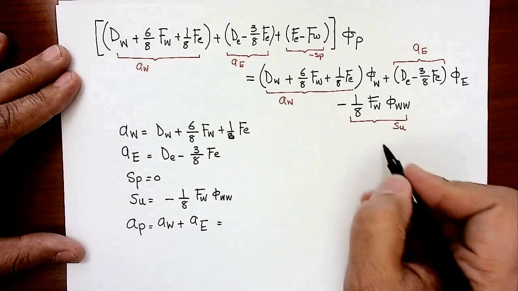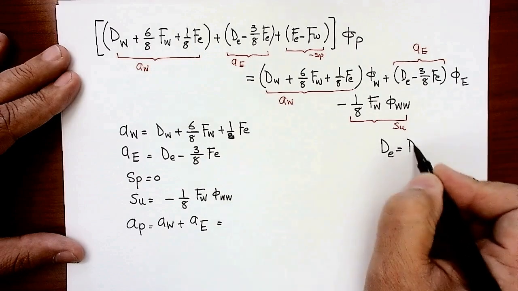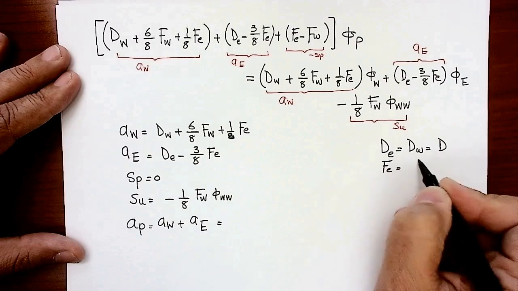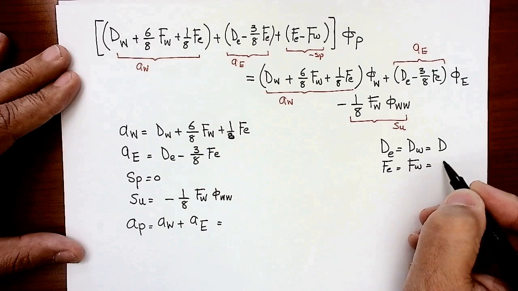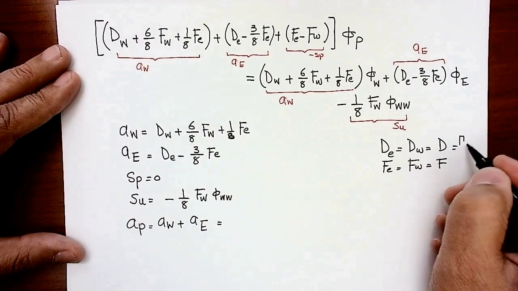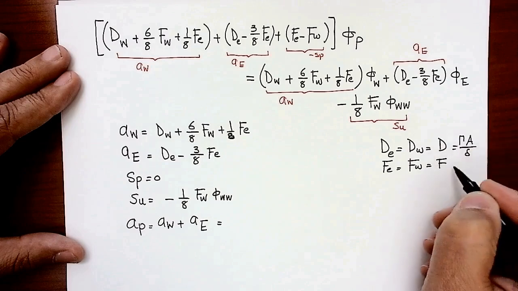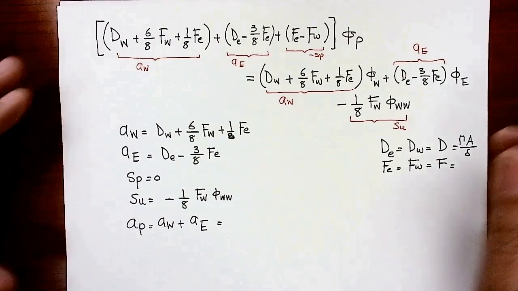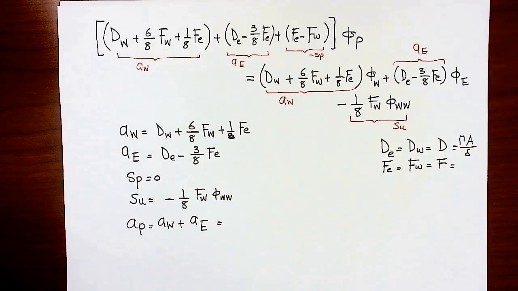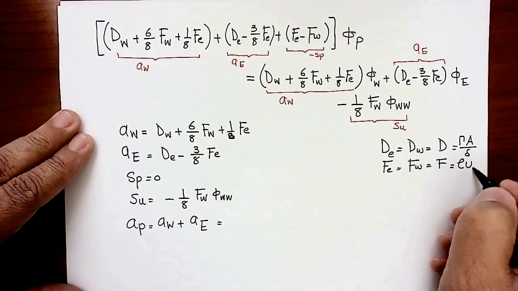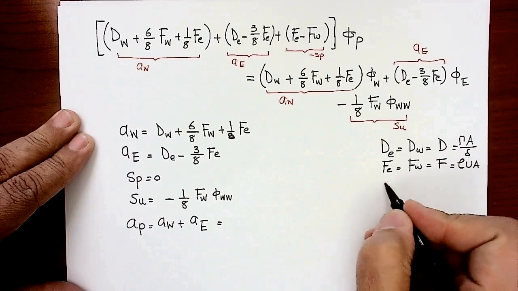So we know that D east and D west are equal, that's going to be D, and we know that F east equals F west, which is F, right? D is kappa A over delta, and F is rho U times A. I'm just recapping the numbers here.